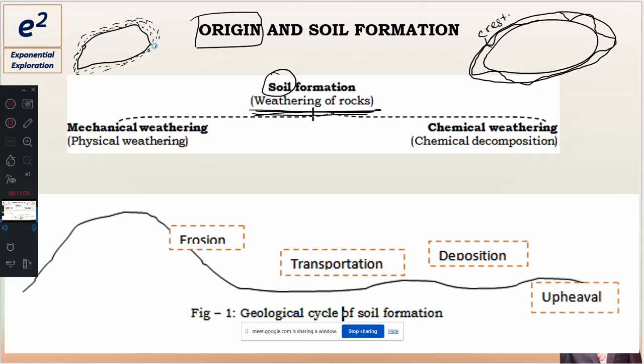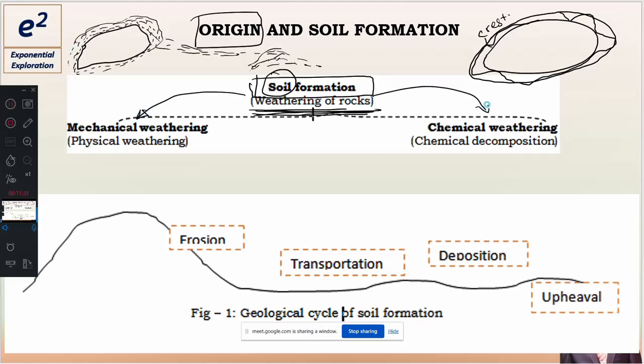This material may stay near the rock, or this powdered material may be transferred from one point to another and deposited at some other point. This powdered material is called soil. That is weathering of rock. Soil formation is by weathering of rock. Now this weathering of rock, this powder formation, happens in two different ways depending on the climate conditions.